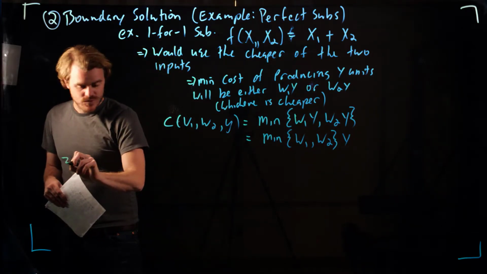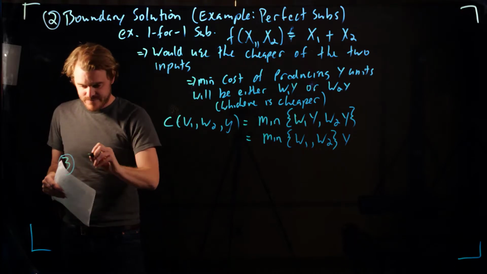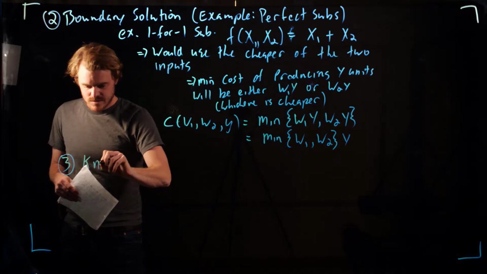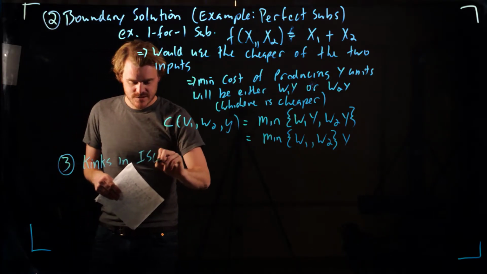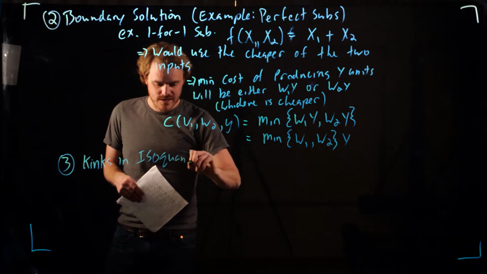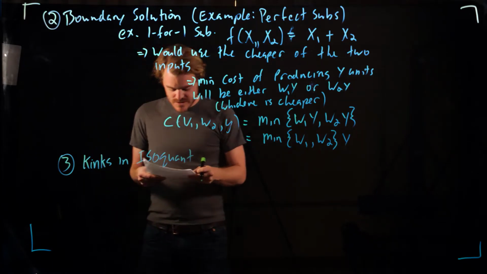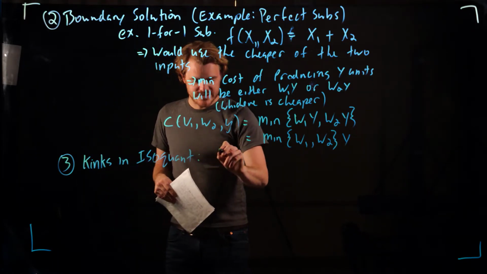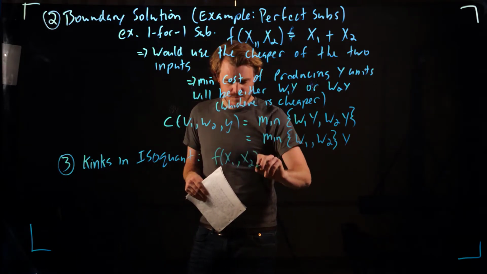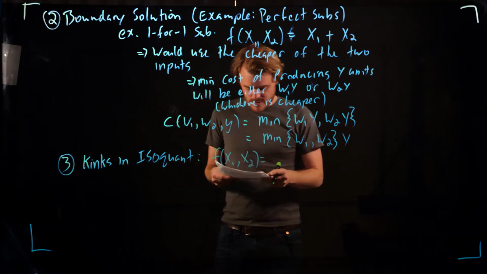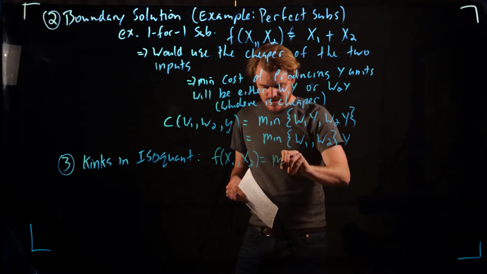The other one is when we have kinks in the isoquant line. For example, we saw this. One example of this is when we have perfect complements in production.